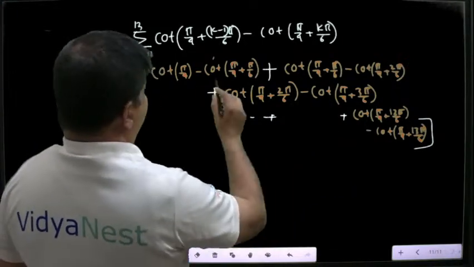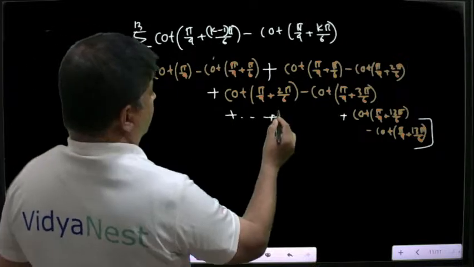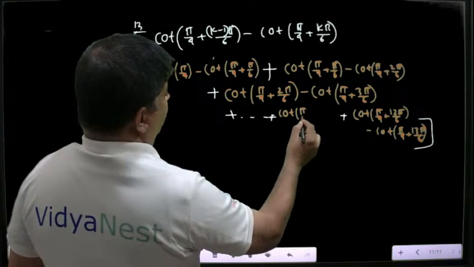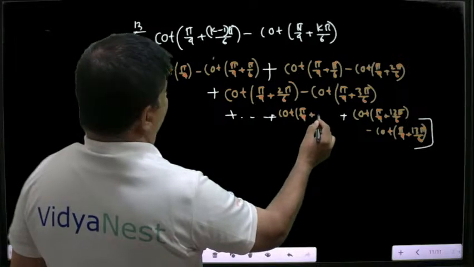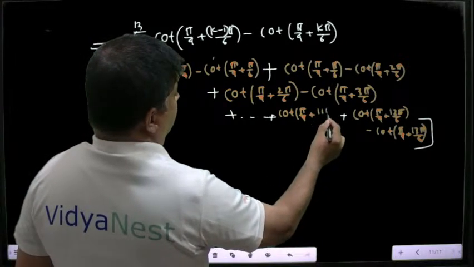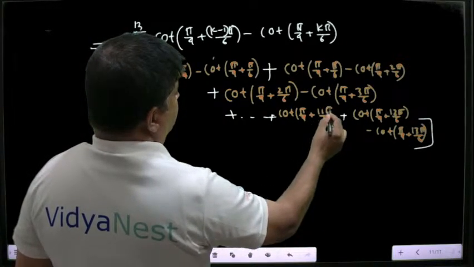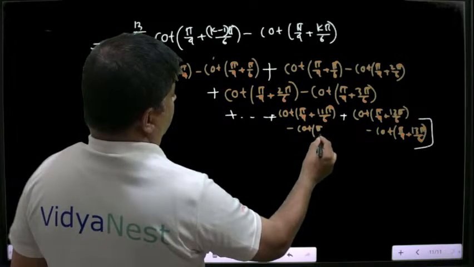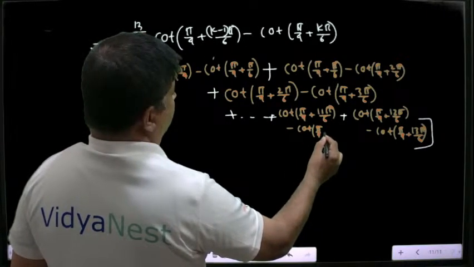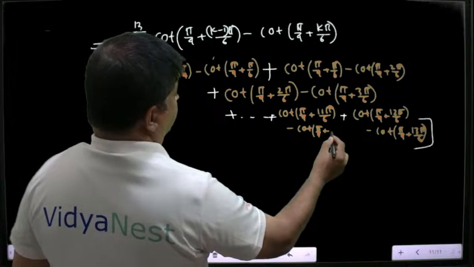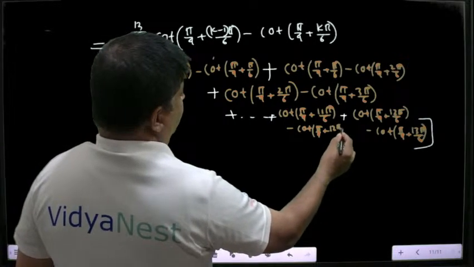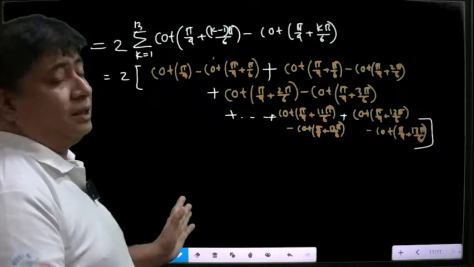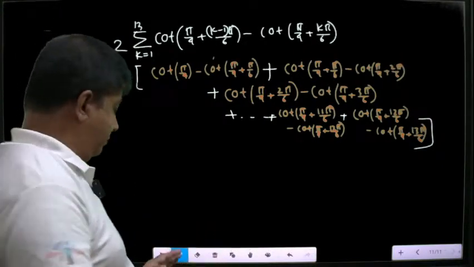Previous to the last term, put 12: cot(pi by 4 plus 11 pi by 6) minus cot(pi by 4 plus 12 pi by 6). Now you keep on cancelling the terms.